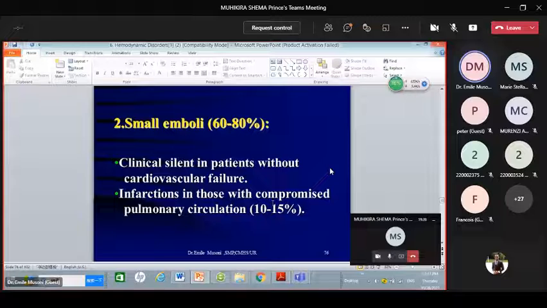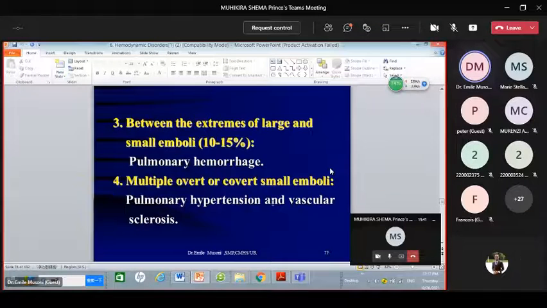Small emboli occur in 6 to 8%. It is clinically silent in patients without cardiovascular failure, with less infarction, except in those with compromised pulmonary circulation. Others are very small, which can cause pulmonary hemorrhage, pulmonary hypertension and vascular sclerosis. These are small emboli.